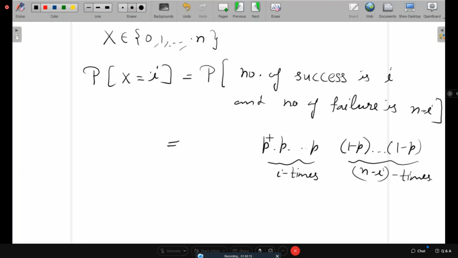Now these things can come in any order. The first can be a failure, the second a success, the third a success, the fourth a failure, and so on.